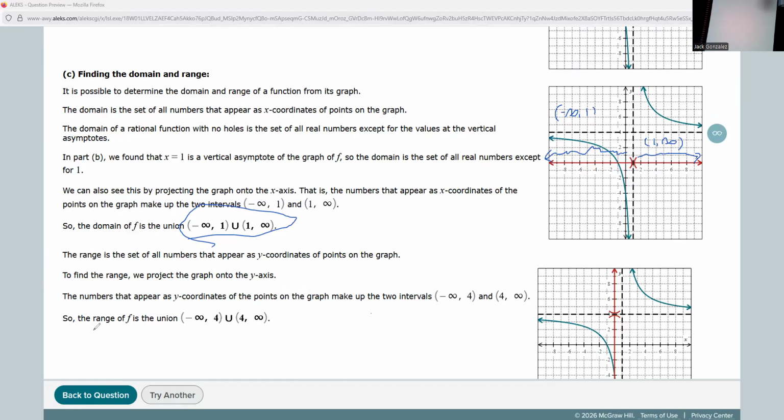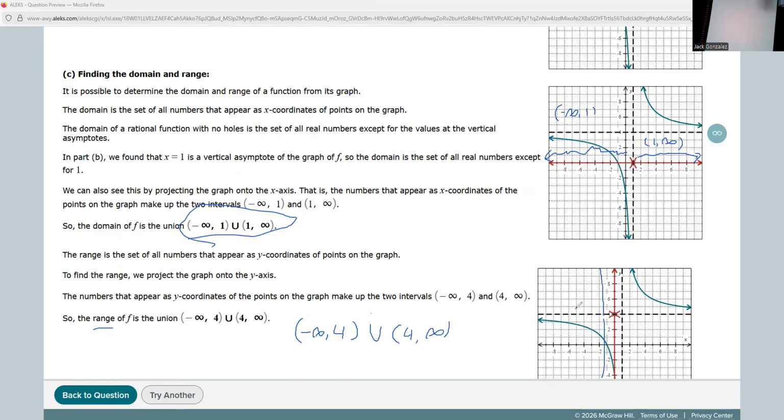And then range is up and down. So all you have to do is everything above that number and below that number. That number is 4, so everything above 4 or below 4. So from negative infinity up until 4, with parentheses because we're skipping over it, union everything after 4. So you just look at the picture.